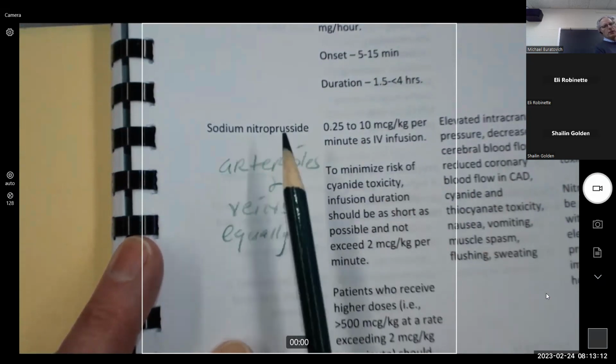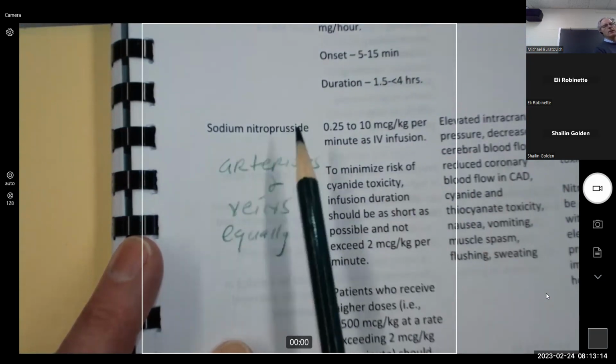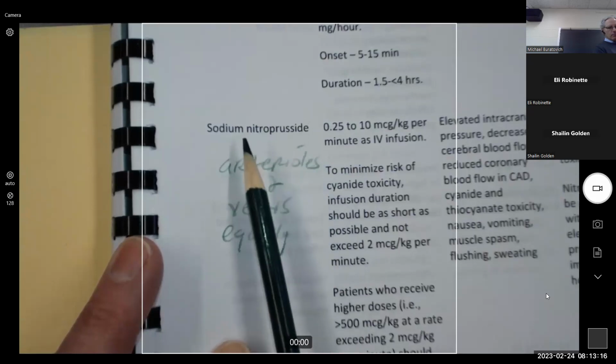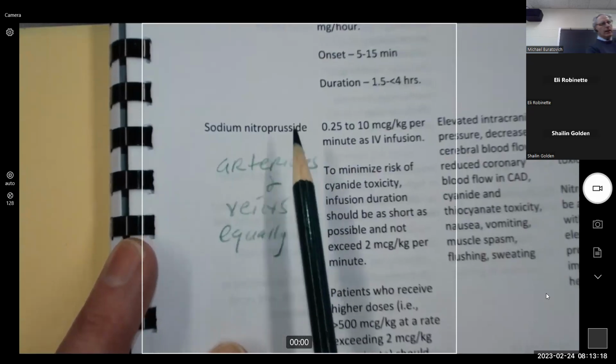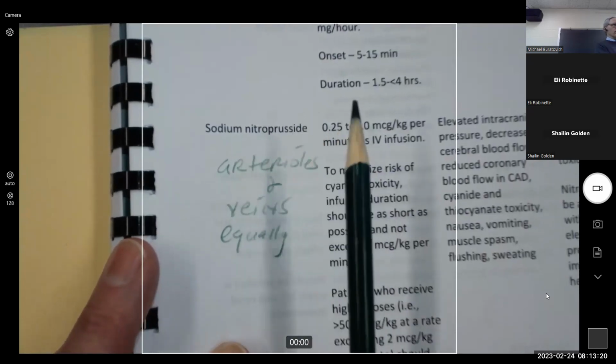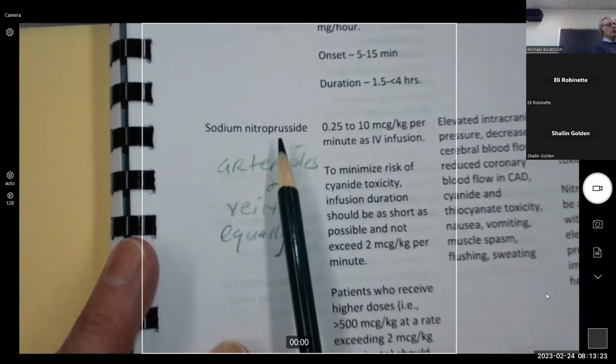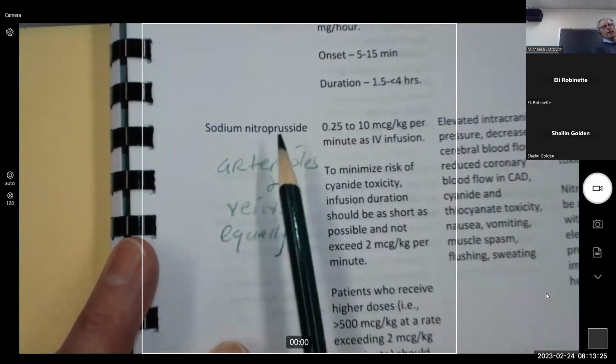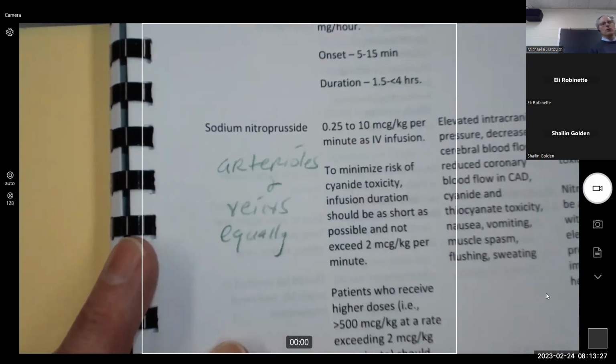This drug is not to be used long-term because it can be degraded into cyanide. If you use it too vigorously, if you use too much of it, you can have thiocyanate toxicity. But it's good for short-term use.